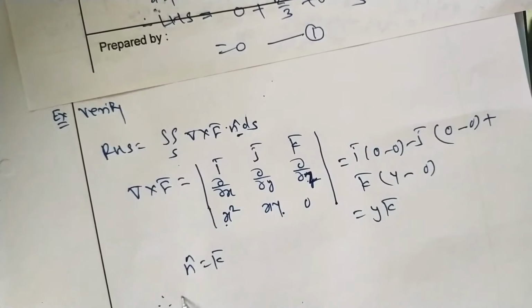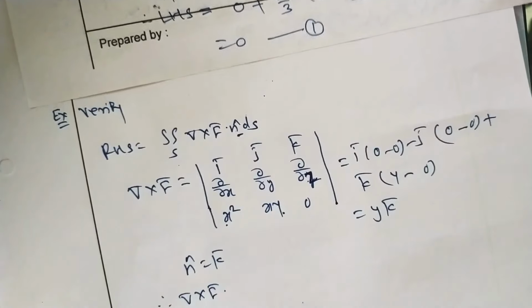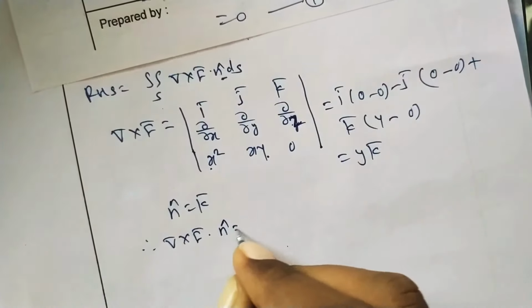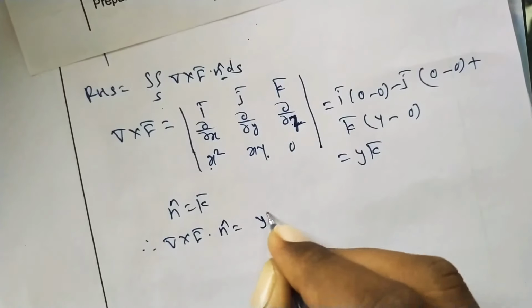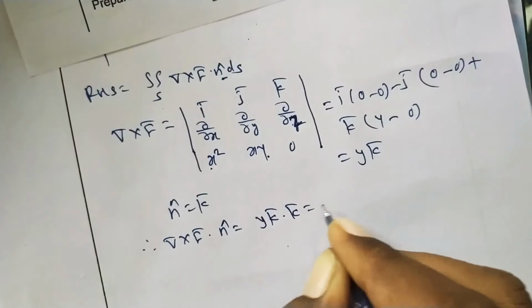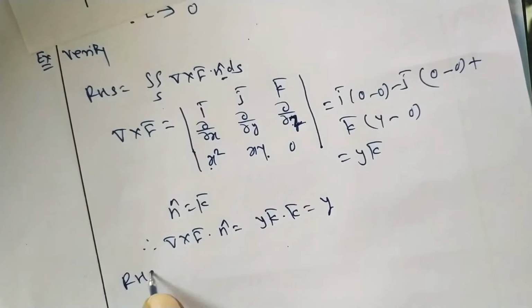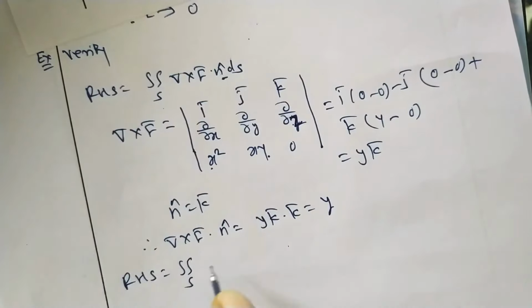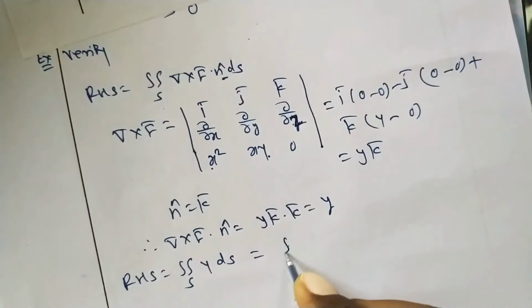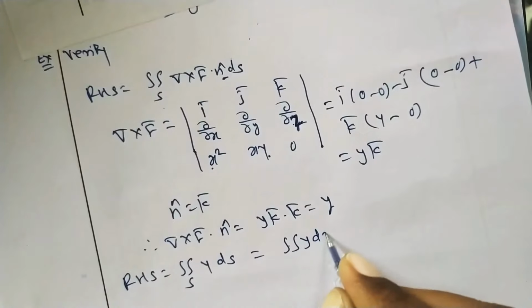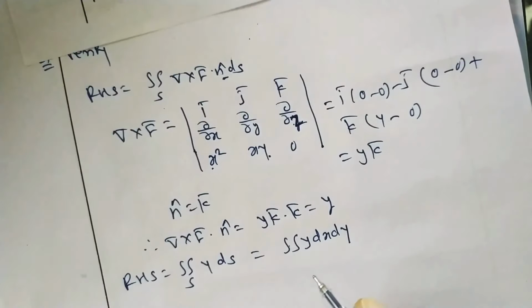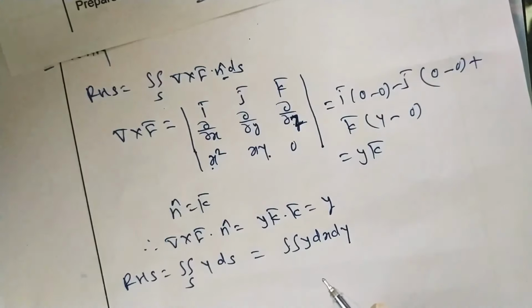And therefore del cross f bar dot n cap, what will its value be? y k bar dot k bar is equal to y. Okay, so RHS is equal to double integral over s of y into ds, and what is ds here? It is equal to dx dy, because the lamina lies in the xy plane.